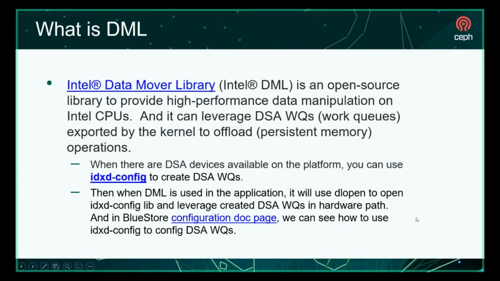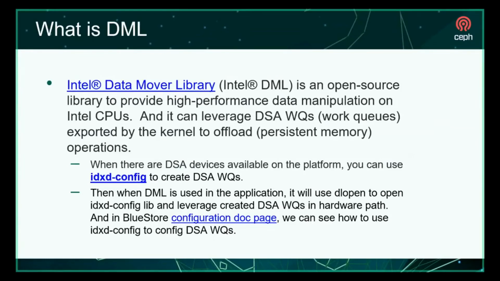So let me introduce the DML library. What is the DML library? Intel's DML library is an open source library to provide data manipulation on both CPUs and DSAs. It can leverage DSA work queues exported by the kernel and offload the operations from CPUs.